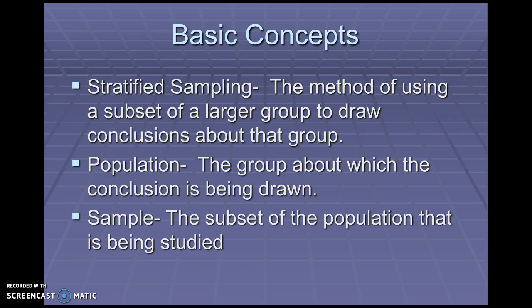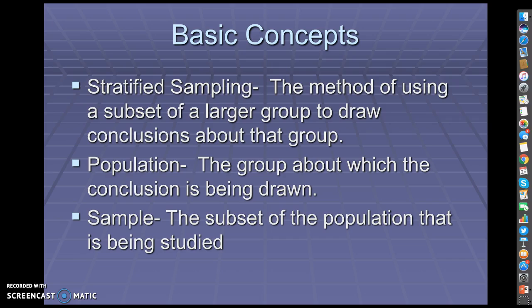So again, we're using a sample, which is the subset of that population, to draw conclusions about the population. So we may phone 1,000 registered voters in the state of Colorado, and that would be our sample. And based on the responses of those 1,000 voters, we then draw conclusions about what the entire population, that is the registered voters in the state of Colorado, think.